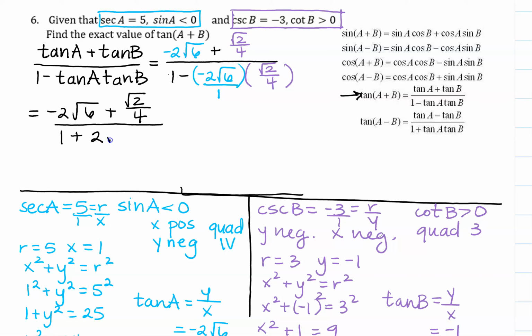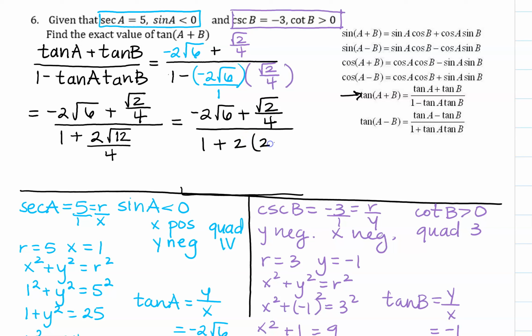Root 6 times root 2 is root 12, and then in the denominator we have a 4. So continuing to simplify this fraction, we have negative 2 root 6 plus root 2 divided by 4 divided by 1 plus 2. I'm going to simplify the square root of 12. The square root of 12 simplifies to 2 root 3 times 2 root 3, and then this is divided by 4.